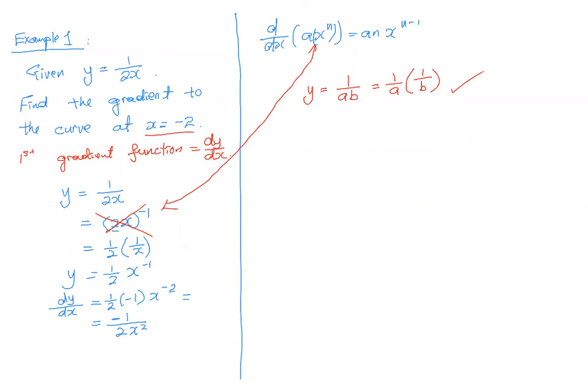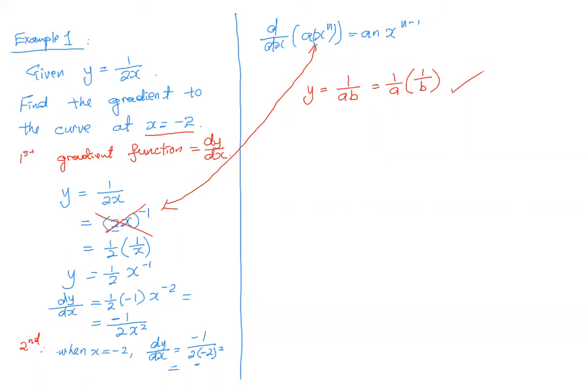Second step, you have to write when x equal to -2, dy/dx equals -1 over, you sub in x equal to -2. So what is the answer, Sebastian? -1 over 8. Yeah, -1 over 8.